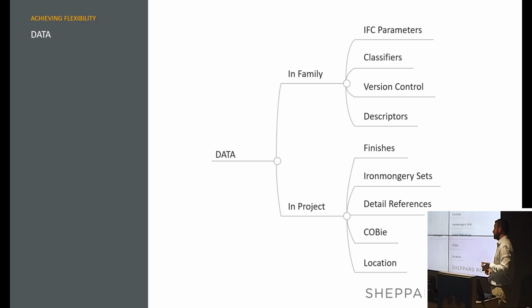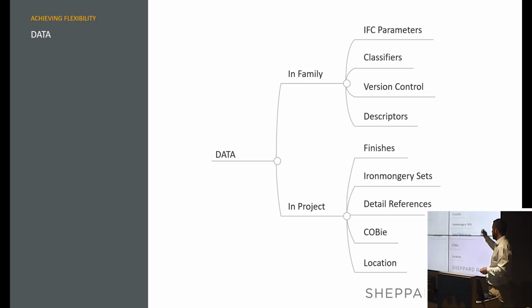In the majority of instances it's very difficult to actually find the one that's appropriate to the door set that you're actually building. And then the basic description information as well. So that's the core stuff that doesn't change from different doors within that family. And then you've got project specific information, stuff that will change on a regular basis, such as the finishes, which ironmongery sets, what details you want to use, any COBie information and where the door is.